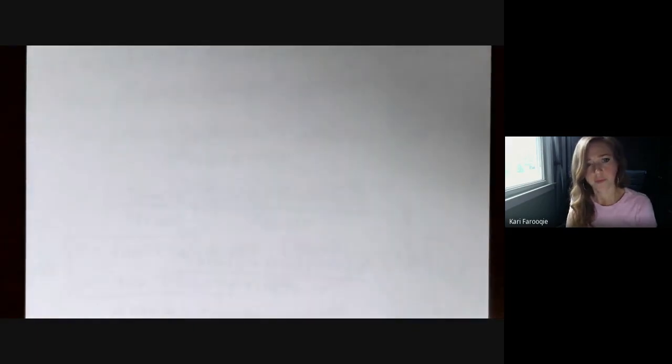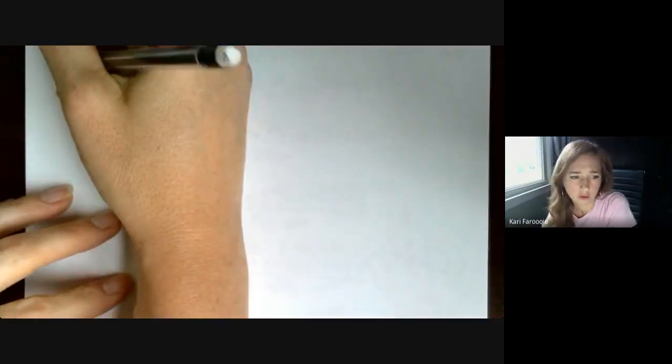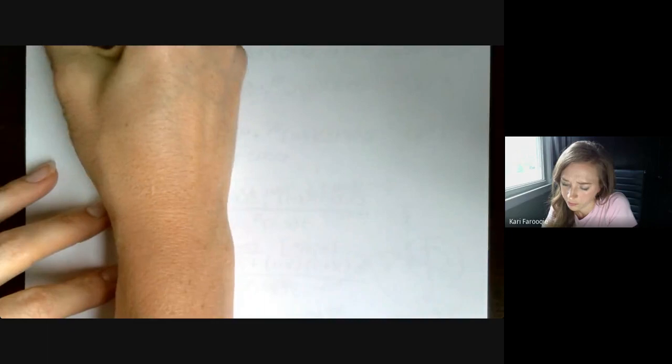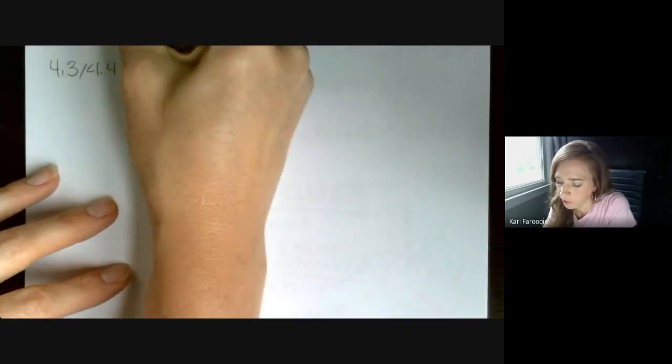I do need to get through 4-4, just only 4-4, but I still need some time for that. So this one is 4-3, number 15.